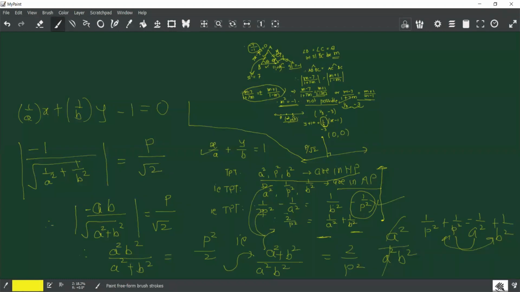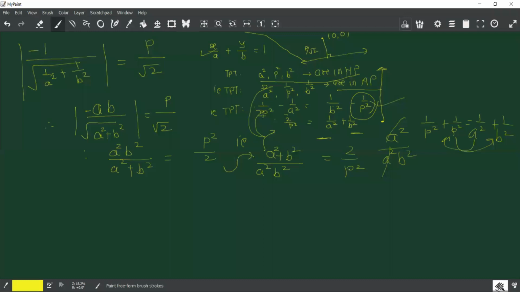Okay. Now the next sum. A line forms a triangle of area 50 by root 3 square units with coordinate axis.